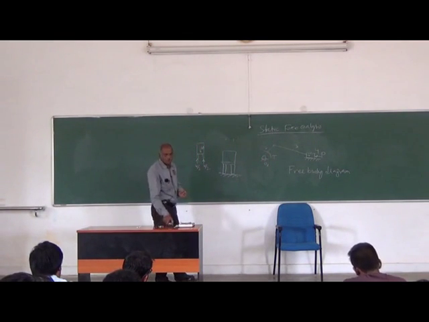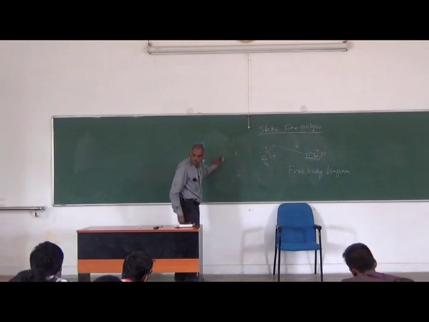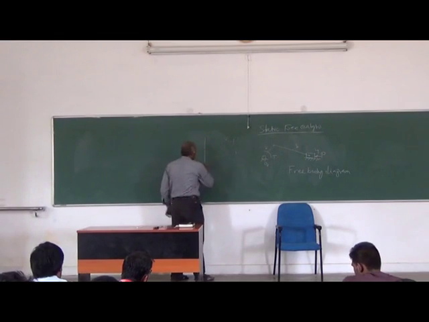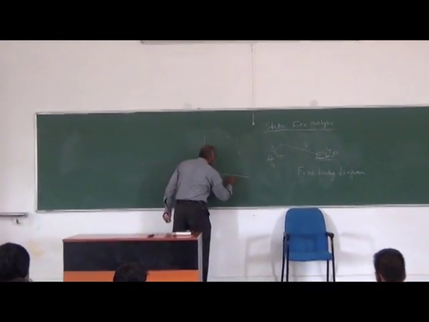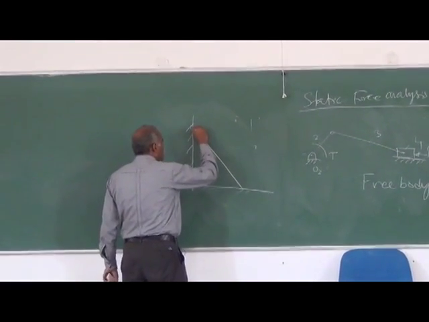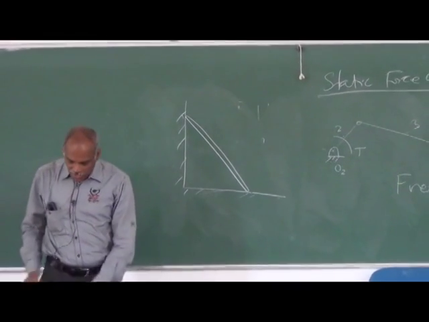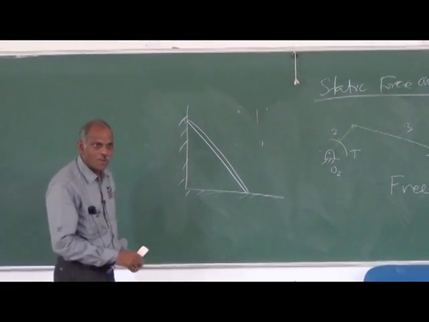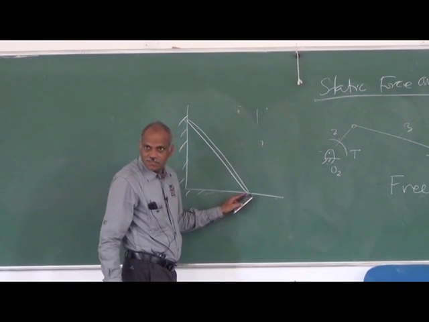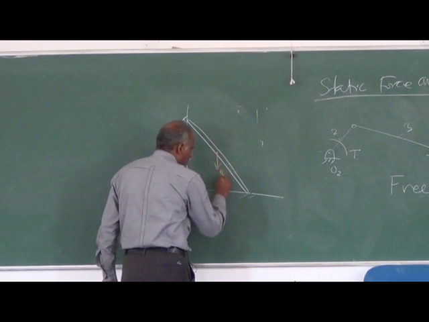If you take the example of the ladder problem, a ladder resting on a vertical wall and the floor, this is your popular ladder problem, where if you want to draw the free body diagram, you have to show the reactions coming out of this. So you will have an active force, that is W.